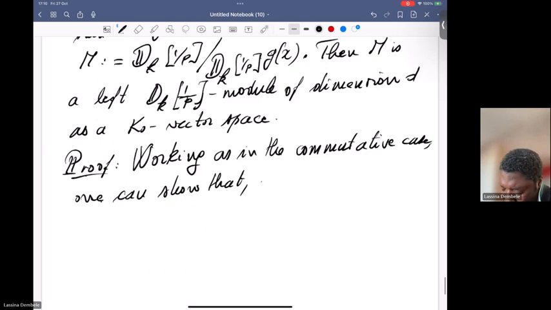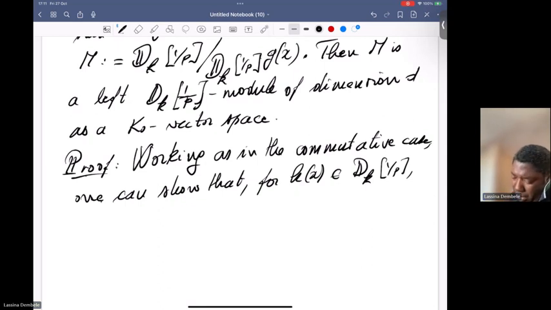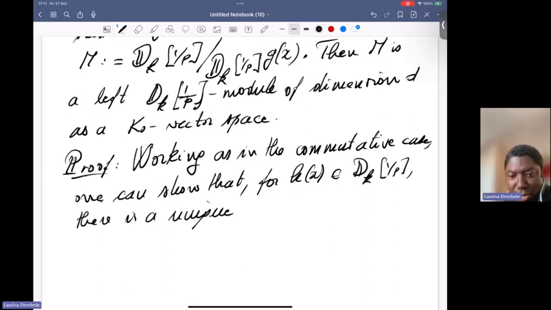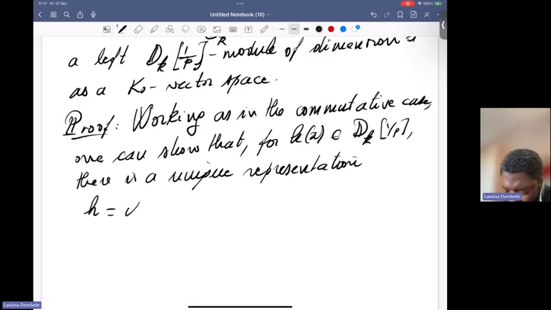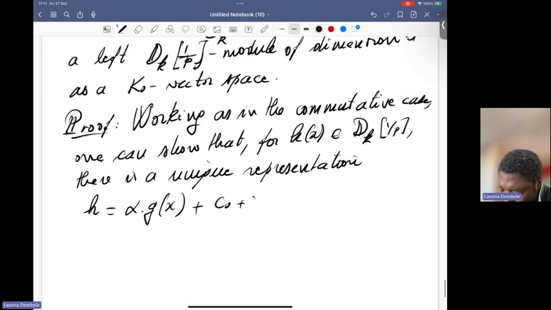If I take a polynomial h with coefficients in D_K, we can show that there is a unique representation where you can write h as alpha times the polynomial g of x, plus c0 plus c1 f plus, up to c_{d-1} f to the d minus 1.